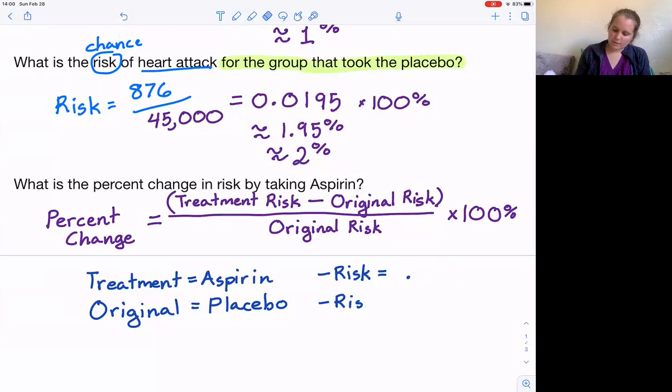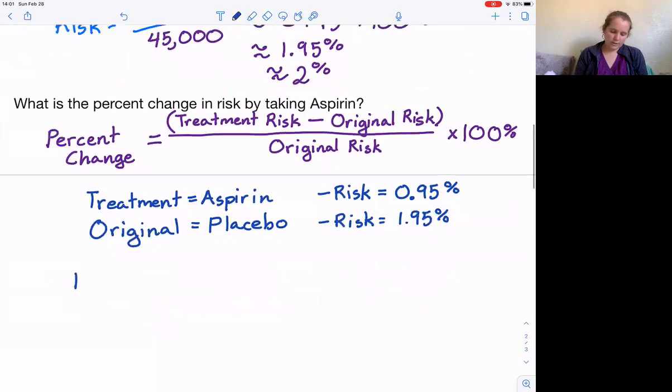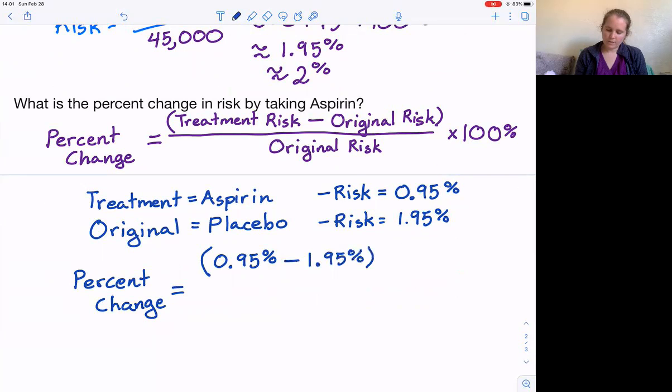The aspirin risk was 0.95%. The placebo risk was 1.95%. So to do our calculations here, for our percent change we will take our treatment risk, so 0.95%, subtract off the original risk, 1.95%, then divide by the original risk, 1.95%, and then we will end by multiplying by 100%.